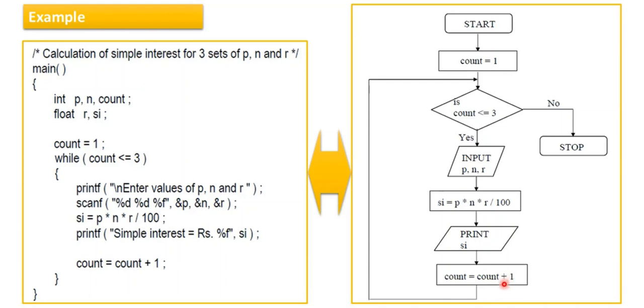That means the increment is done inside the loop body, and once the loop counter is updated, it comes back to the test expression. So until this test expression evaluates to yes, it keeps on executing, and as soon as it returns no, the loop stops.